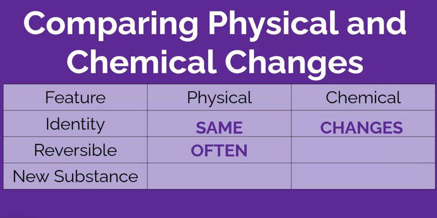So that's a reversible change. Chemical changes are rarely reversible. If you think about our example of baking a cake, you can't unbake a cake. So most chemical changes are irreversible. And then finally, in a physical change, we don't form a new substance, while in a chemical change, we do form something new, a new substance.